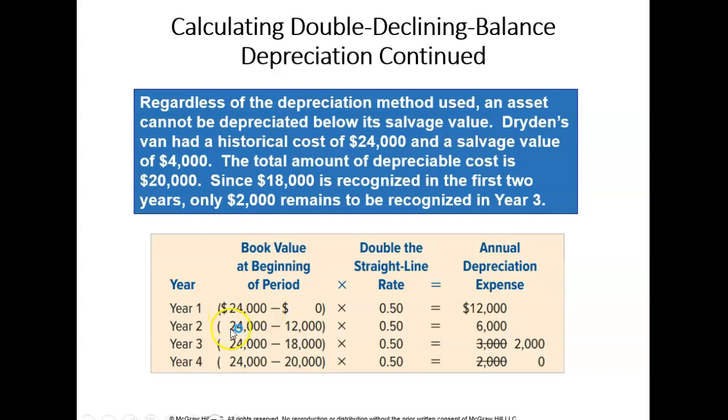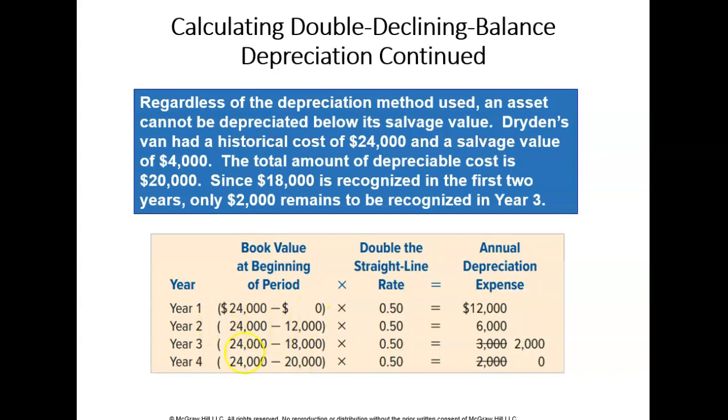Now for year two, your beginning book value is going to be $12,000 because book value is original cost less accumulated depreciation. Remember, you expense $12,000 in year one, so for year two, beginning book value is $12,000. That is the original cost minus the accumulated depreciation.